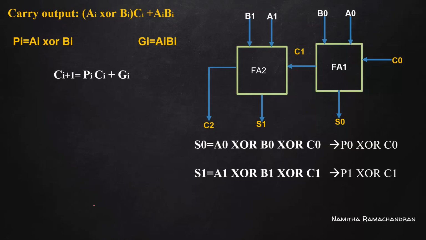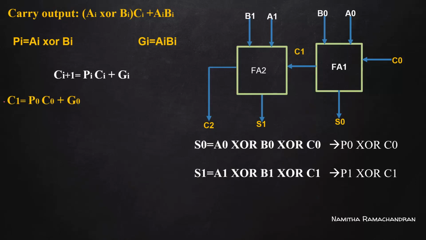We can rewrite this in terms of P0 and P1. A0 XOR B0 is rewritten as P0, so P0 XOR C0 is S0. Then S1 is P1 XOR C1. So this is the expression for sum.